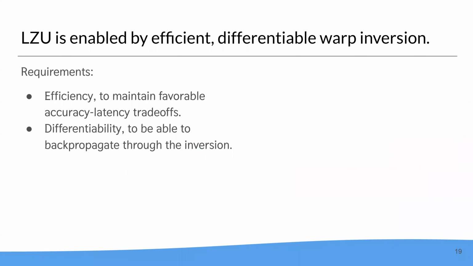The key to our framework is having the ability to efficiently and differentiably invert the zoom. We need efficiency to maintain favorable cost-performance trade-offs and differentiability to be able to use common optimization methods like gradient descent. Furthermore, we need to be able to do so even in cases where the forward warp has no closed form inverse, which we suspect is the case with the zooming warp.